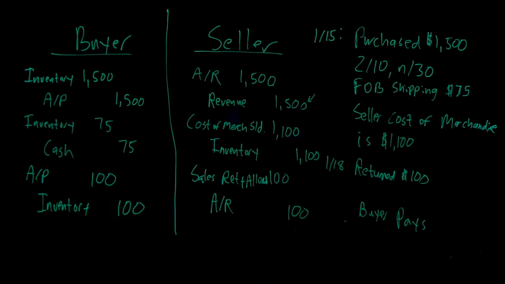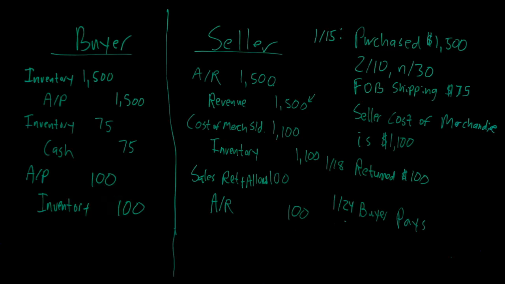Let's say on the 24th, the buyer paid. Does the buyer get a discount? Yeah, because the 15th to the 24th is only 9 days, and they get a 2% discount if they pay within 10 days. So the buyer is going to get a 2% discount on their bill.